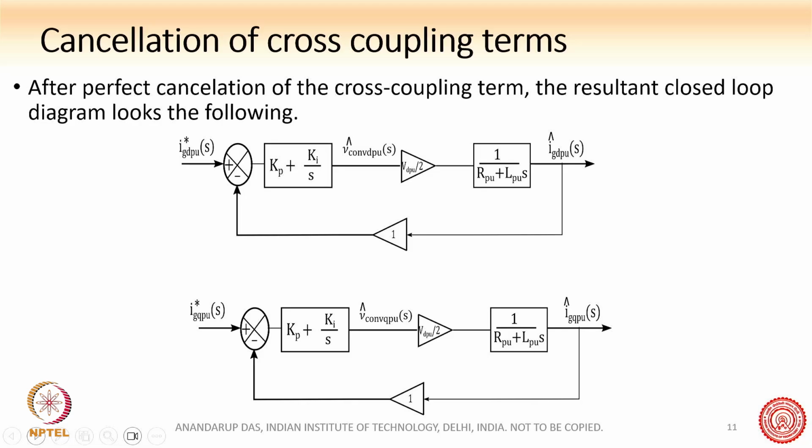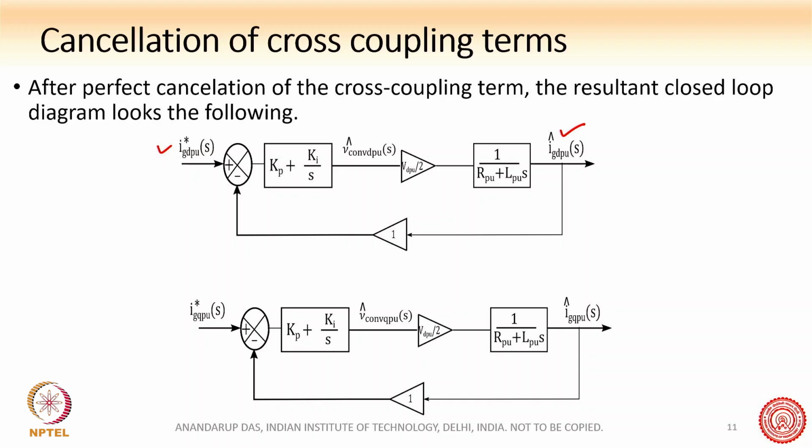So now inside the microcontroller, as I told you, we have already added the feed forward term, and with that we have actually cancelled the effect of the cross coupling term. And so the resultant diagram looks something like this.